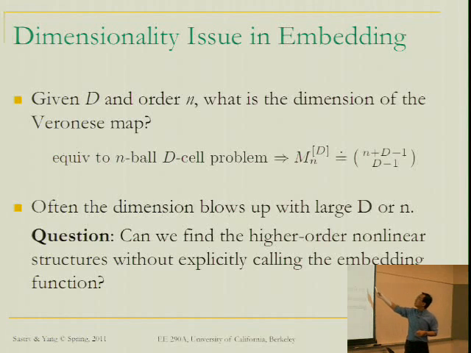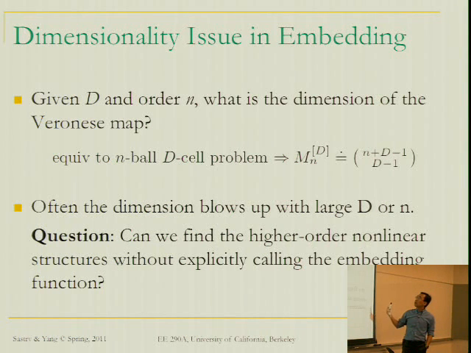As you can see, this n choose m number will easily blow up when you have large capital D or large n, right? So now the question is, can we find the high order nonlinear structure without explicitly calling the embedding function?